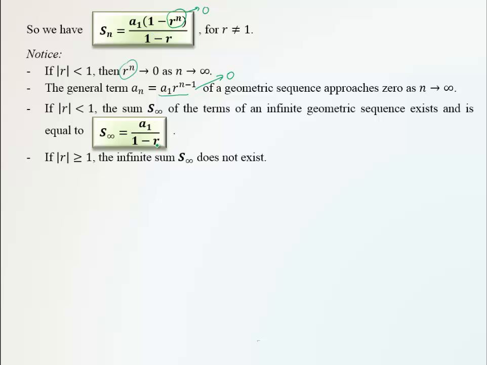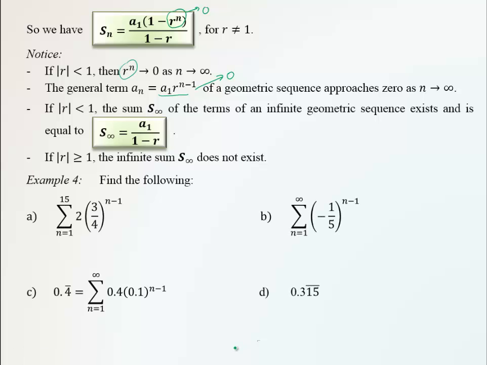So the formula for the infinite sum seems to be even easier than the formula for the partial sum. But that happens only when absolute value of r is smaller than 1. If absolute value of r is actually bigger or equal 1, that means could be some improper fraction, then the infinite sum does not exist.